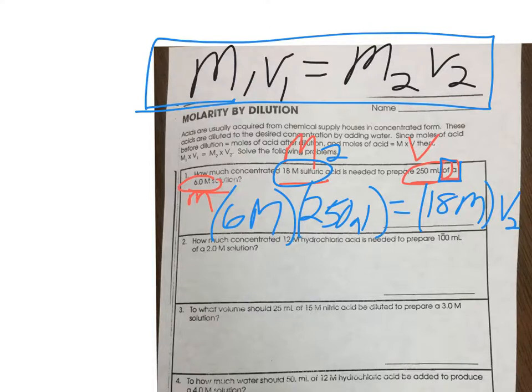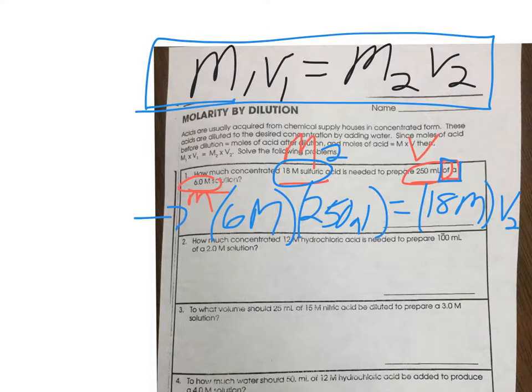It doesn't matter whether the 6 molarity and the 250 are the M1 and V1 or if it's the M2 V2, as long as they're on the same side. Okay, now do we have an empty variable there that we can look for? You're just solving for x, right? Okay, so what are we going to divide by? 18.